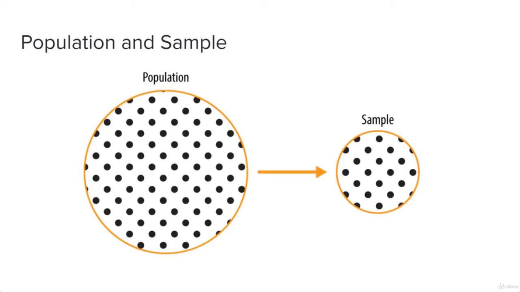Let's take an example: if you want to study the exam grades of all the students studying in all the high schools in America, you would have to collect an enormous amount of data and apply statistical analysis on it, which would take you decades, even years and years of conducting surveys, collecting data, and then validating that data.